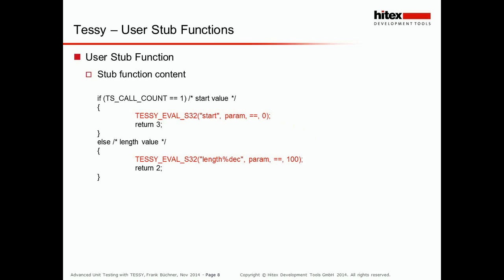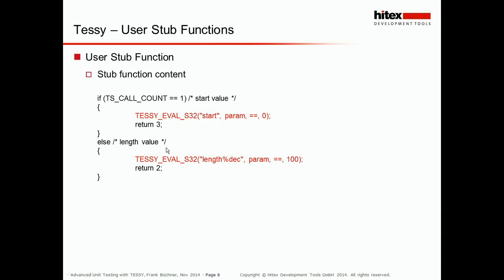It could be all the possibilities that are possible in C, so you can say greater than or smaller than or unequal or whatever. And in the fourth parameter, we specify the expected value of this parameter here. So this means if we use this for the start value, we know in every test case the start value is 0, so we expect that all this evaluation will pass.